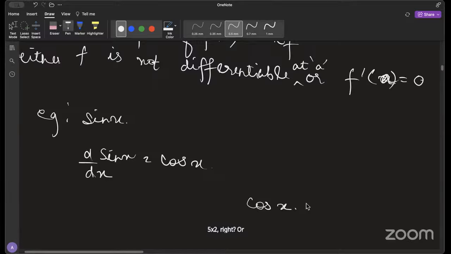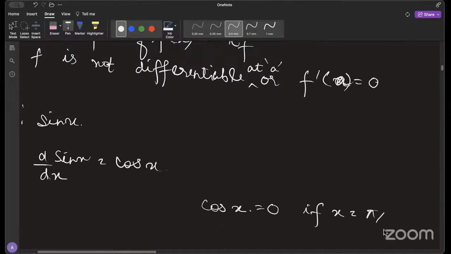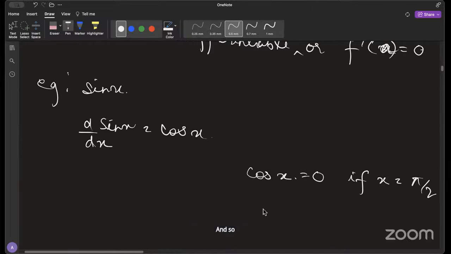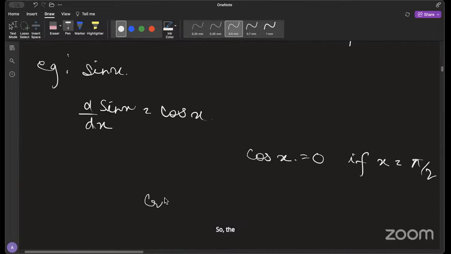Or the odd multiples of pi by 2: pi by 2, 3 pi by 2, 5 pi by 2, and so on. So the critical points for sin x are x equals pi by 2, 3 pi by 2, and so on.